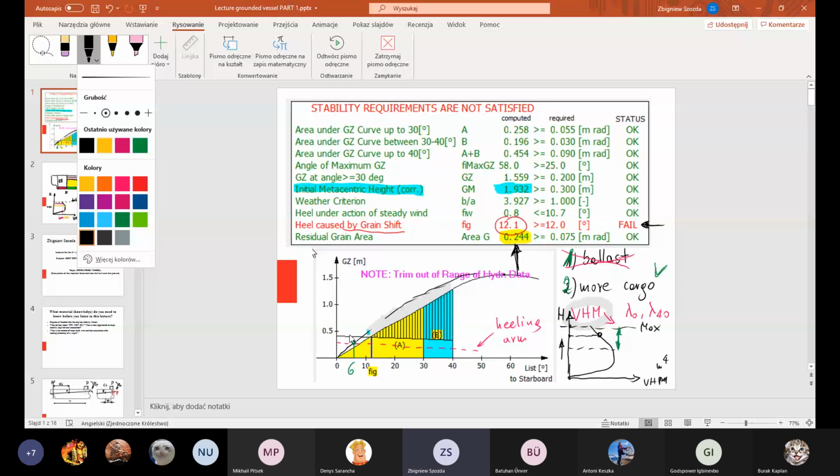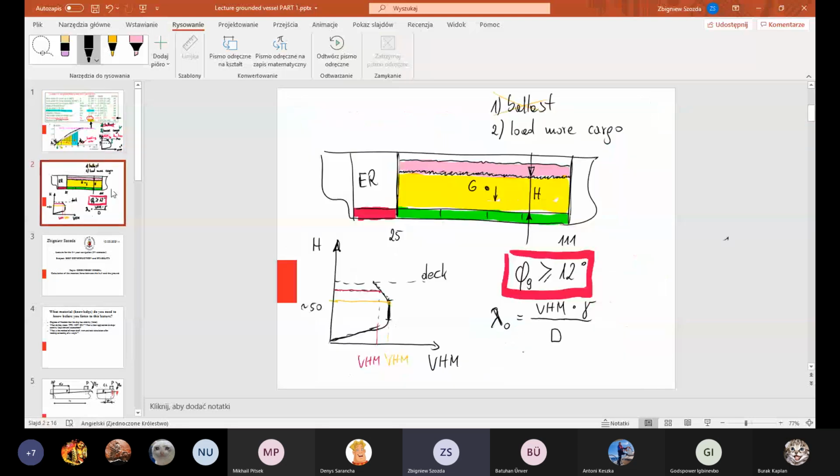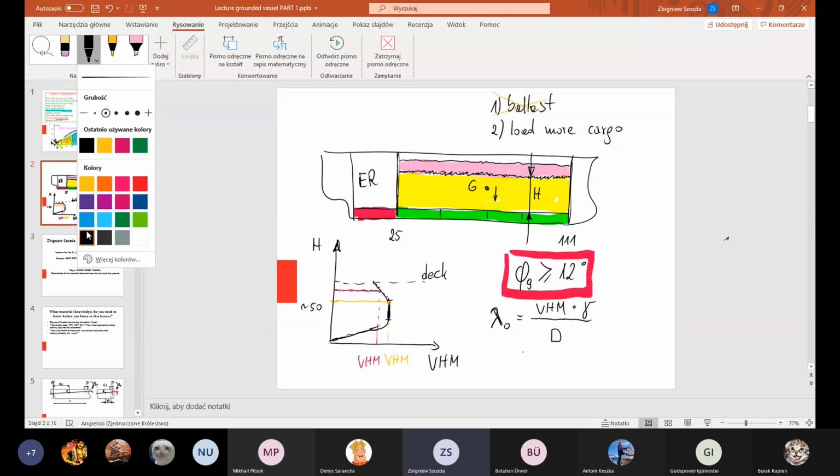This is lambda O. We want to have lambda O lower to decrease the angle of heel, the intersection between the straight line lambda O, lambda 40, here is lambda 40, this distance here, to have a smaller angle of intersection between the straight line and the GZ curve. Okay, so coming back, lambda O can be calculated using this formula.